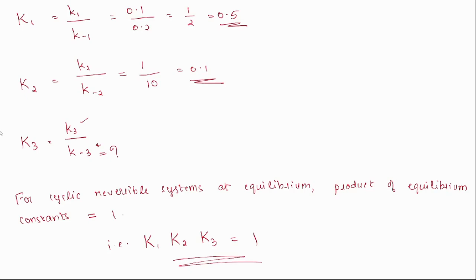So we'll be using the formula K1 into K2 into K3 is equal to 1 to find the value of the capital K3, and from the equilibrium constant K3 we can find the value of k-3. That is what we'll be doing here.